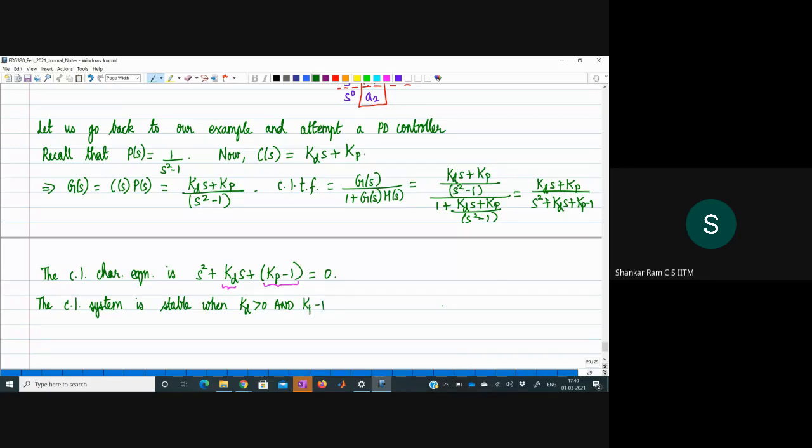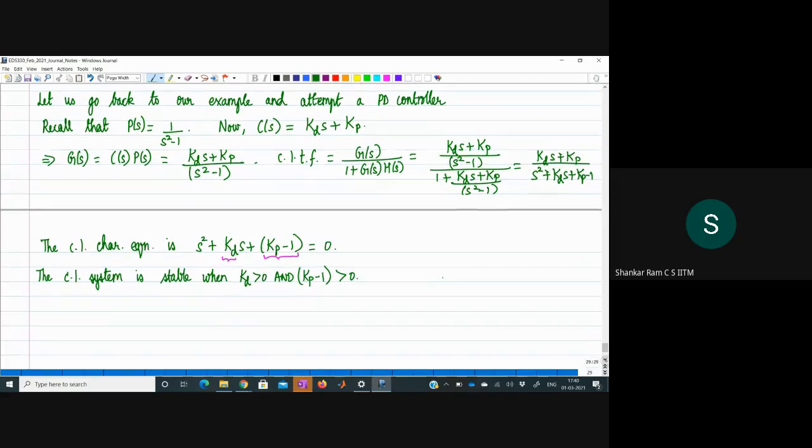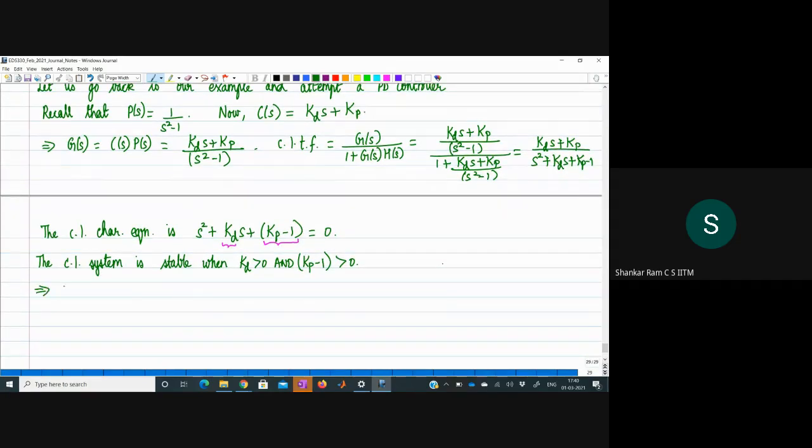We should satisfy both conditions, only then things will work. So this means that a proportional derivative controller, a PD controller, would stabilize the system.